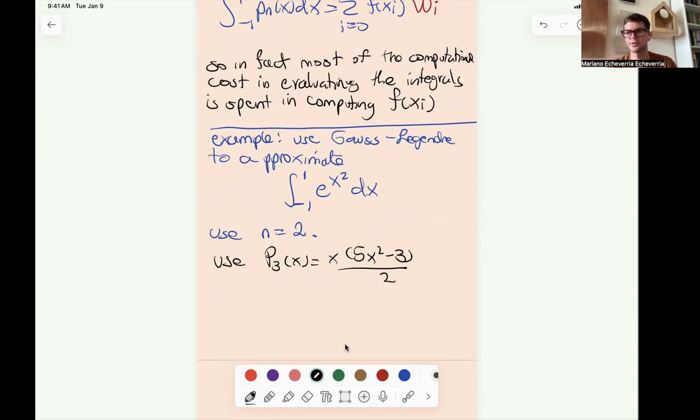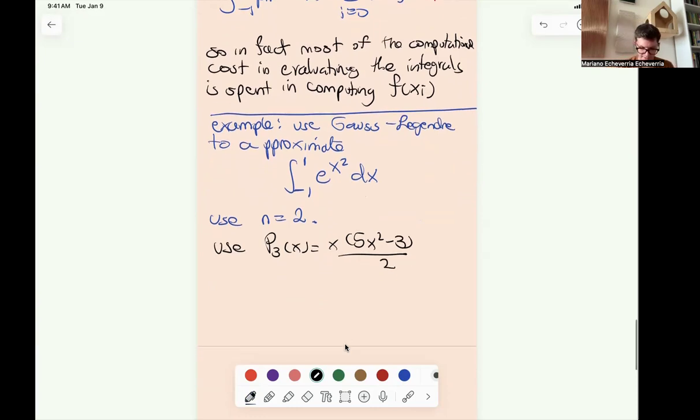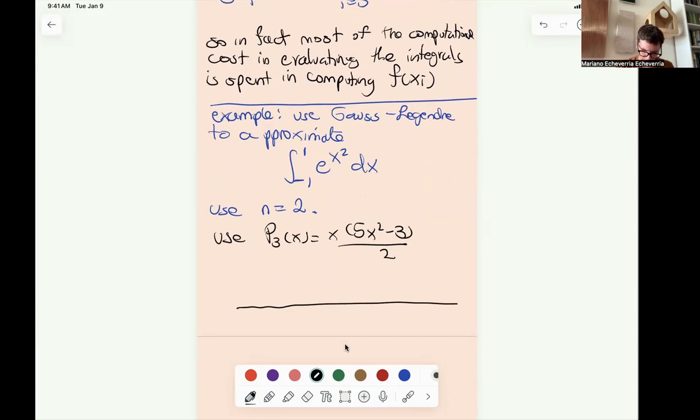The zeros, which we already discussed, on the interval -1 to 1 are x equals 0, and the other one would be root of 3 over 5, which is roughly 0.77. And the other one is symmetric, so once you know one, just reflect it. It would be minus root of 3 over 5, so minus 0.77.